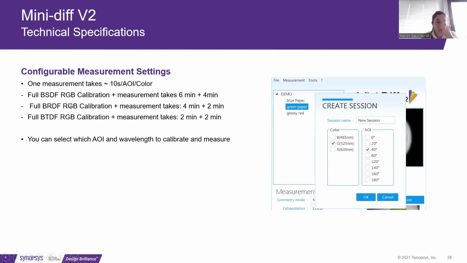For a full BRDF RGB calibration plus the measurement, it will take you around 4 minutes plus 2 minutes. And for a full BTDF RGB calibration plus measurement, it will take you 2 plus 2 minutes. Of course, you can select which angle of incidence and wavelength you want to calibrate and measure. It is represented here.